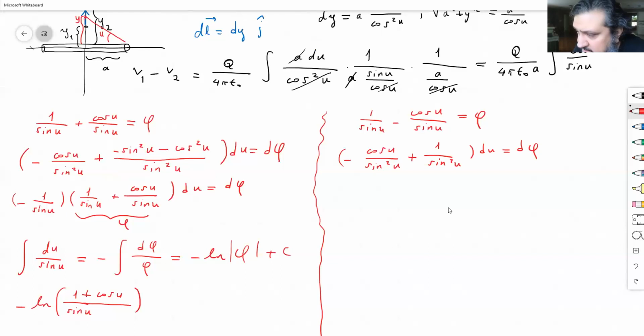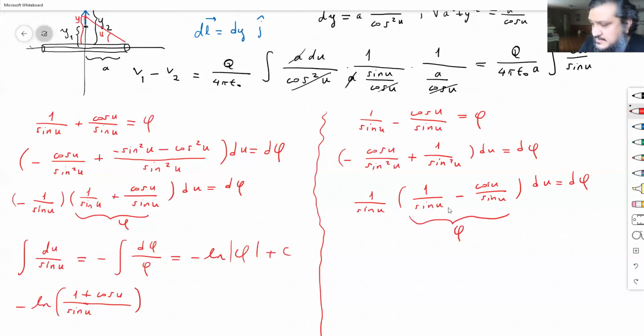So if you factor 1 over sine u, you will have here 1 over sine u minus cosine u divided by sine u. du equals d phi. And that is phi as well. All right. So same idea. It's just that we have a different phi, and the integral will not be negative.